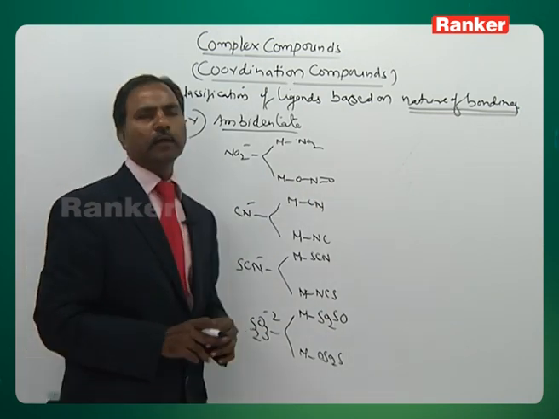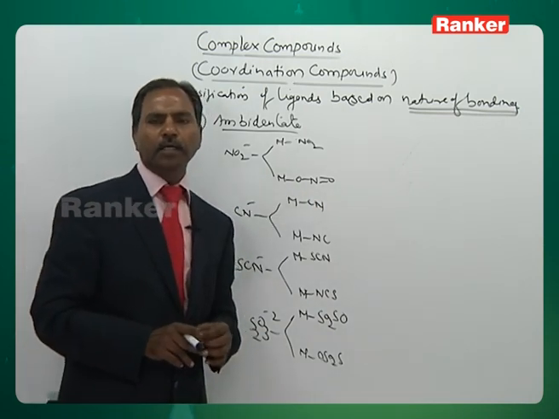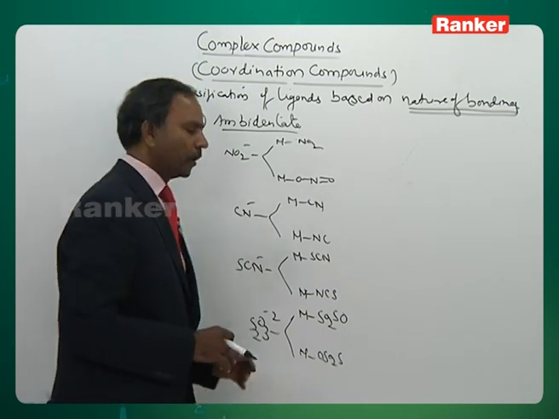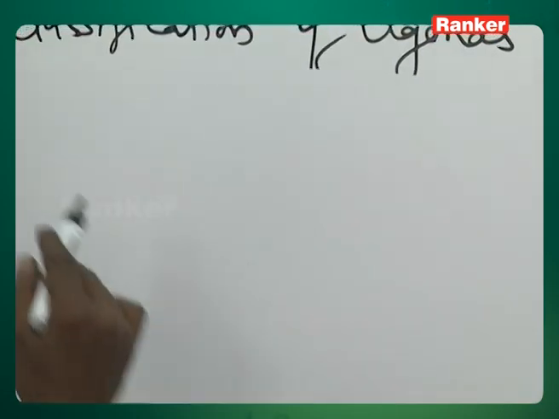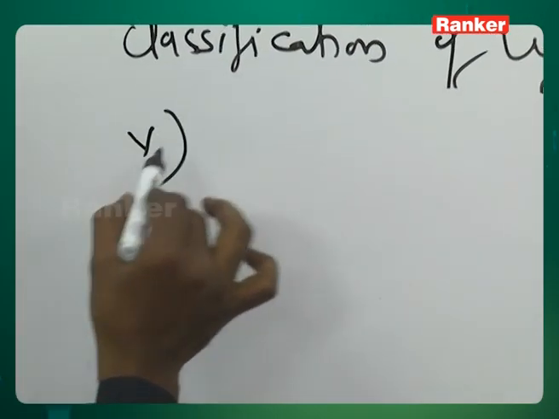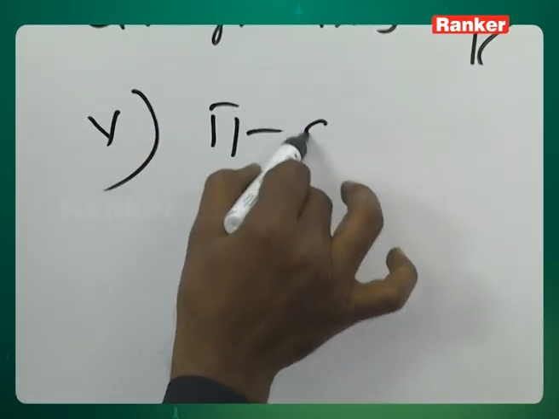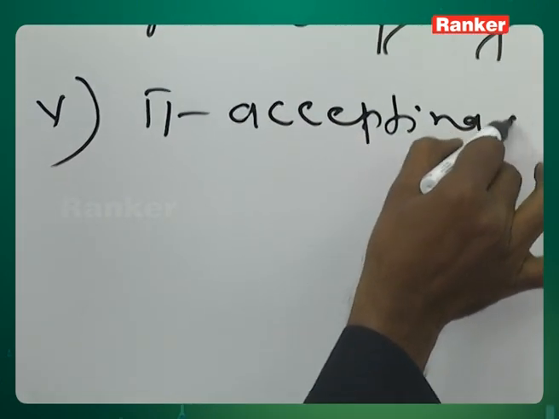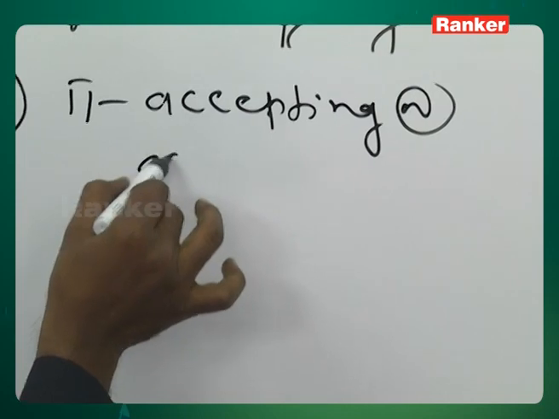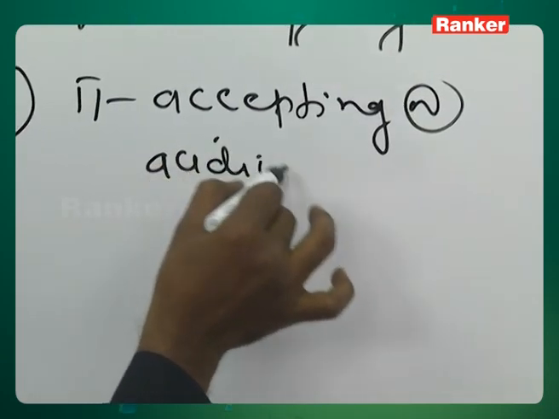Next type of ligand, let us see pi accepting ligands. These are again very important. This is the fifth type, pi accepting ligands. We can also consider these acidic ligands.